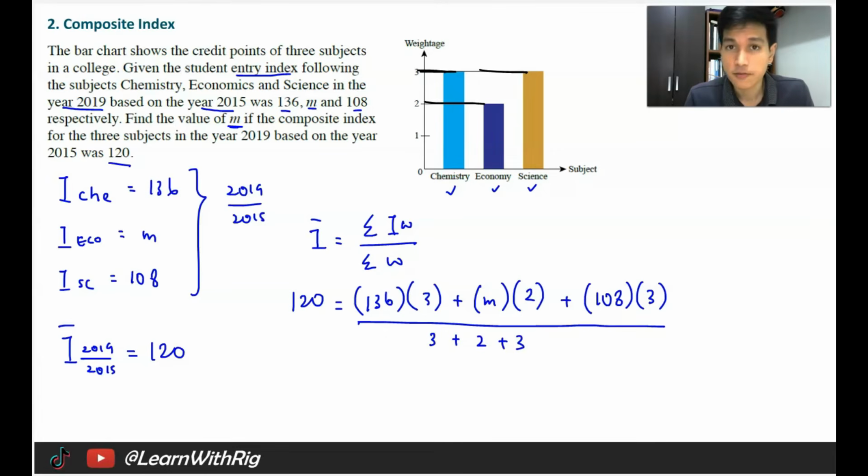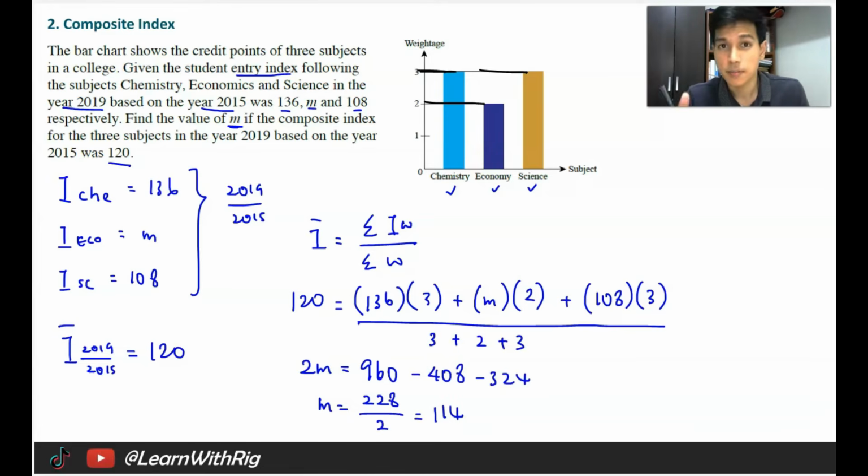Simplify and rearrange: 2M equals 960 minus 408 minus 324. Then M equals 228 divided by 2, so your answer is 114.